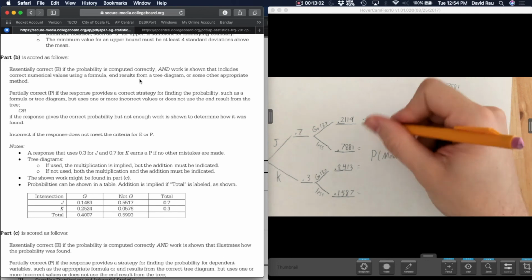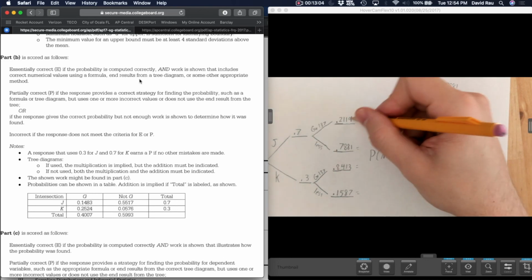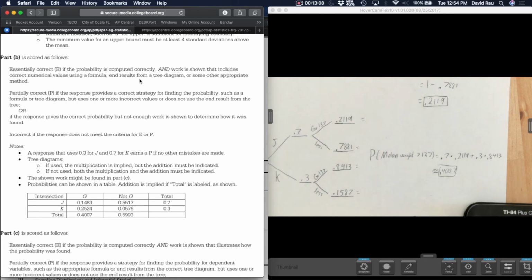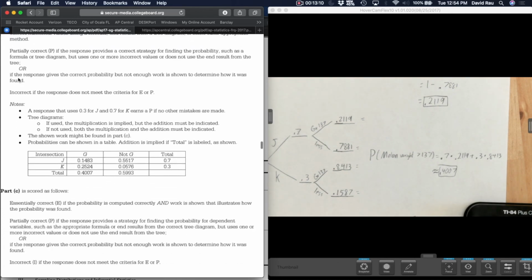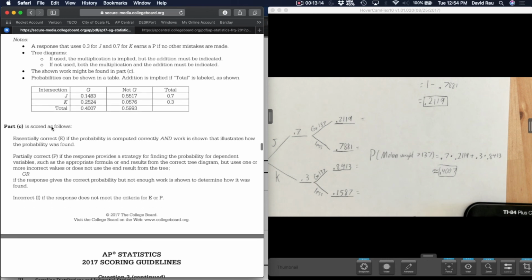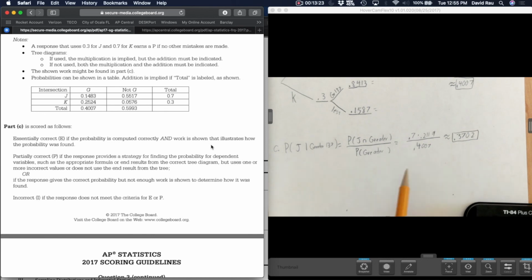Even though you might not use them all, show the 0.7 times 0.2119 and show what it equals, so on and so forth. And then for part C, essentially correct if the probability is computed correctly and work is shown, how the probability was found. So again, show the formulas is what they want to see there, right?